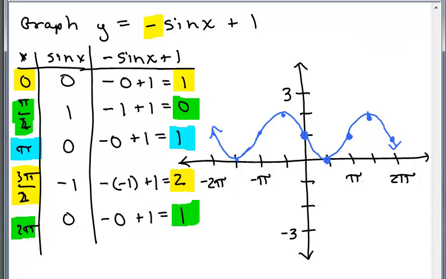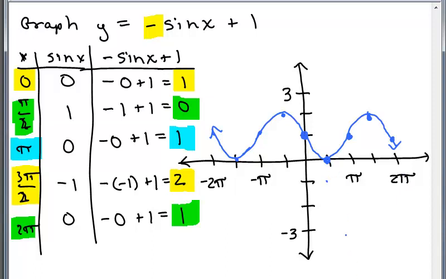Okay, so there you have it, and that's how we do problems where we've got a coefficient in front of the sine of x, and then we're either adding or subtracting. What's really going on here is that the whole graph is shifted up 1, due to this plus 1, but the minus sign means it went down first, right? Now if it would have been negative 2, it would go down twice as fast. It would go all the way down to here.